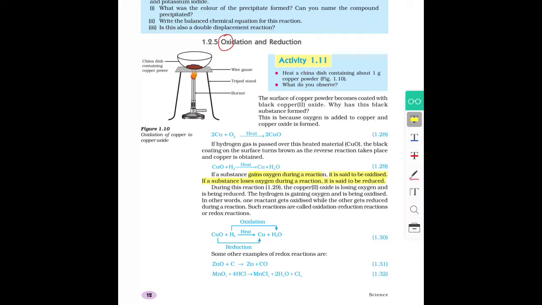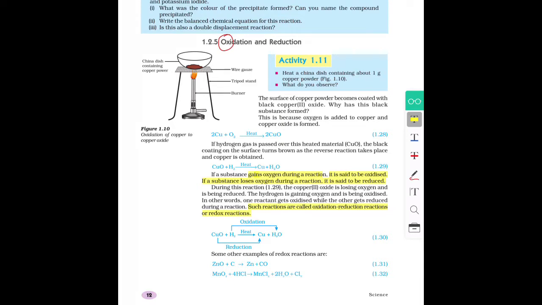The hydrogen is gaining oxygen and is being oxidized. In other words, one reactant gets oxidized while the other gets reduced during a reaction. Such reactions are called oxidation and reduction reactions. So, CuO plus H2 on heating gives Cu plus H2O.